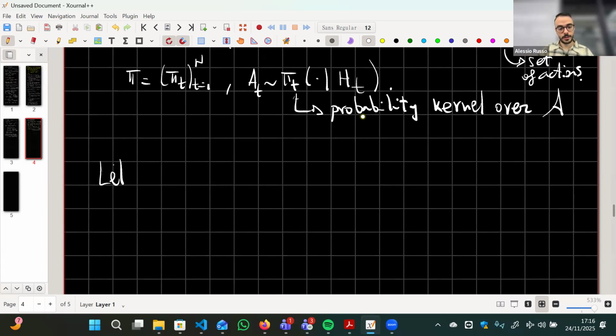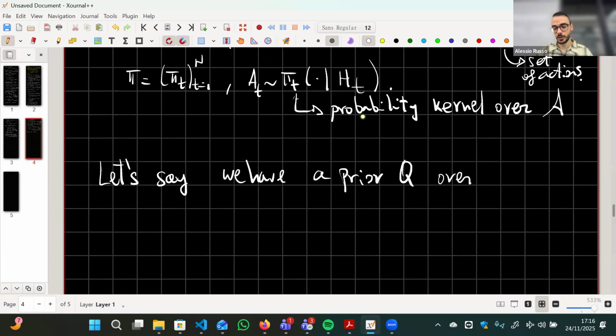So let's say we have a prior Q over the set of models, big Theta. So this is the set of possible parameters.